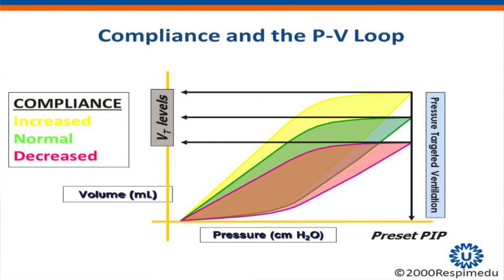So pressure will always be the same. You can see that volume is changing when compliance is changing. Let's say green is the normal compliance, red is the decreased compliance, and the yellow is an increasing compliance. You can see the loop getting higher when the compliance is increasing.